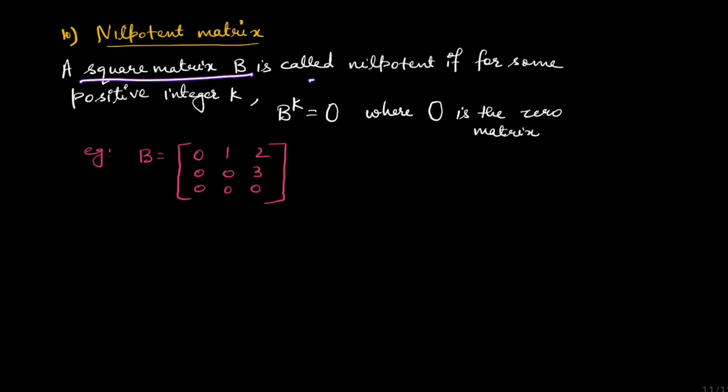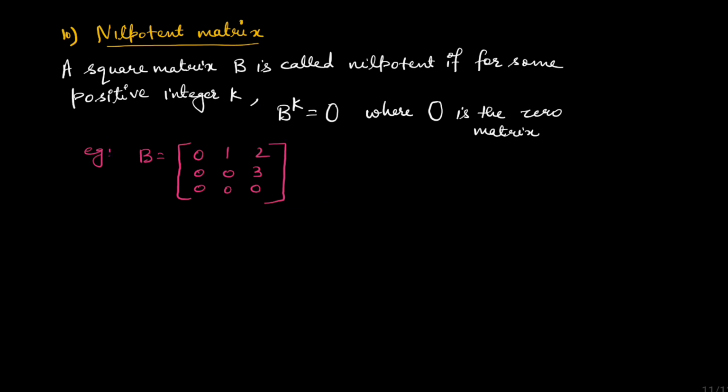A square matrix B is called a nilpotent matrix if for some positive integer k, B power k comes out to be 0. Meaning you get some positive integer k such that B raised to the power k becomes a 0 matrix. 0 is not the number 0, it is the 0 matrix, right? Meaning you get some positive number such that multiplying B that many times gives a 0 matrix. Suppose this is the given matrix.